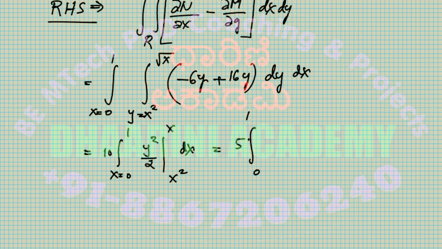When you put root x over there, you get x, minus, when you put x square over there, you get x to the power 4, isn't it? Substitute x square to root x. So when you put root x over there, x minus x to the power 4 dx.